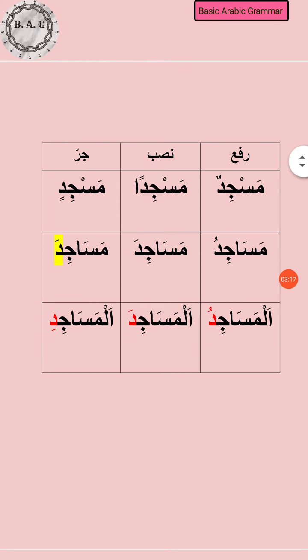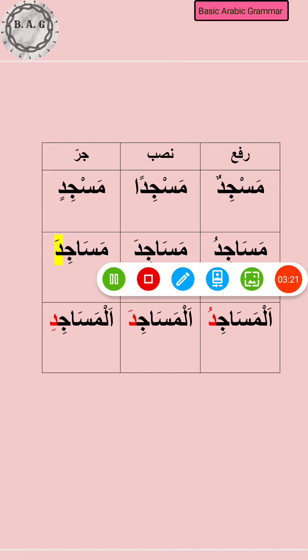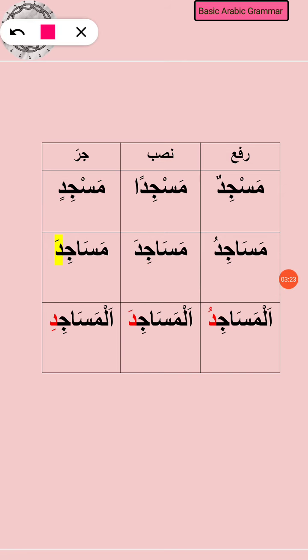Okay, so we had studied this table in the previous lesson and let's just revise it again. We had masjidun, which is the singular form, and nakra. We worked out its nakra from this tanween, and tanween is usually present on the singular forms.